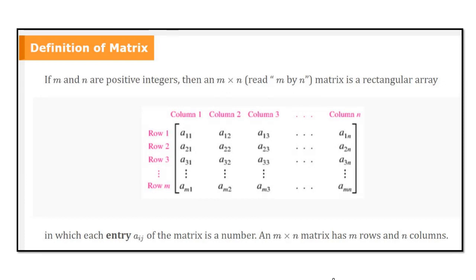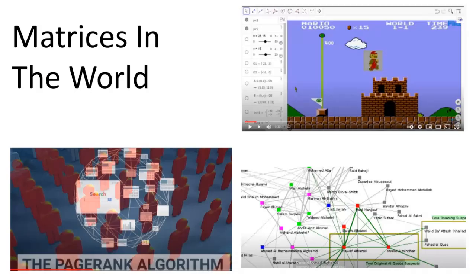Now, each entry in the matrix is called an element, and each element has an address. So for instance, this element here, A11, refers to row 1, column 1. If I look at this one over here, A23, this means that this element is in row 2, column 3. Okay, so this is the formal definition of a matrix.